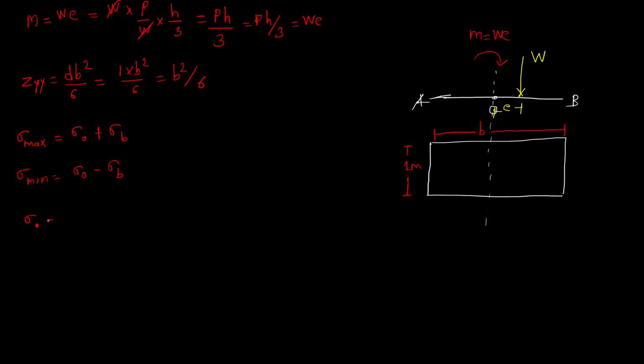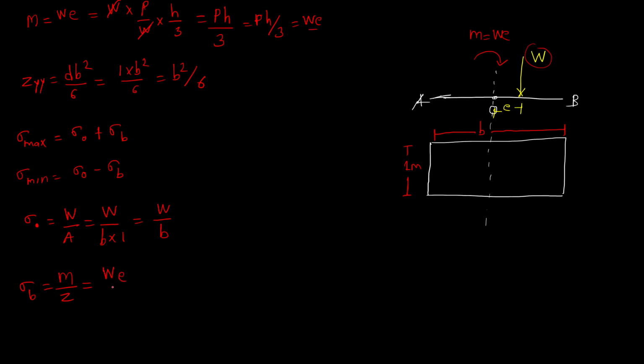So direct stress is equal to force per unit area. What is the force here? W. So W divided by area. What is the area? Area is B multiplied by 1, so W by B. Bending stress is M by Z. The value of M is W into E or PH by 3.